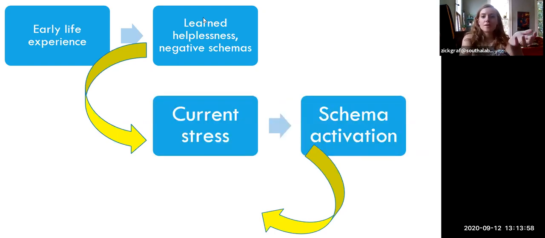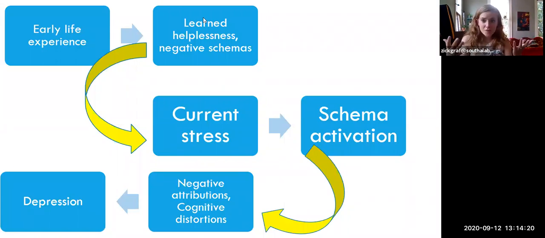So when someone with these negative schemas or with a history of learned helplessness is exposed to a new stressor, so in the previous example of the fight in a relationship over doing dishes, that stressor activates their schema, their learned helplessness, their belief that they can't change what happens to them because they're a failure, they're unlovable, they're defective.